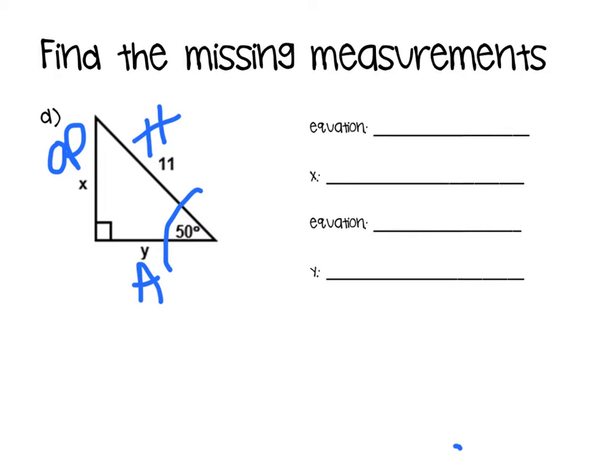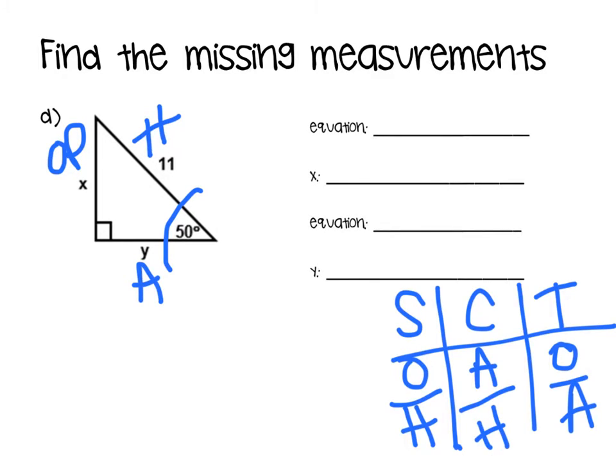To find the x, we have our opposite and our hypotenuse. Referring back to our reference table, we have our opposite and hypotenuse, so that is sine. So we have the sine of 50 degrees is equal to your opposite, which is x, over your hypotenuse, which is 11.